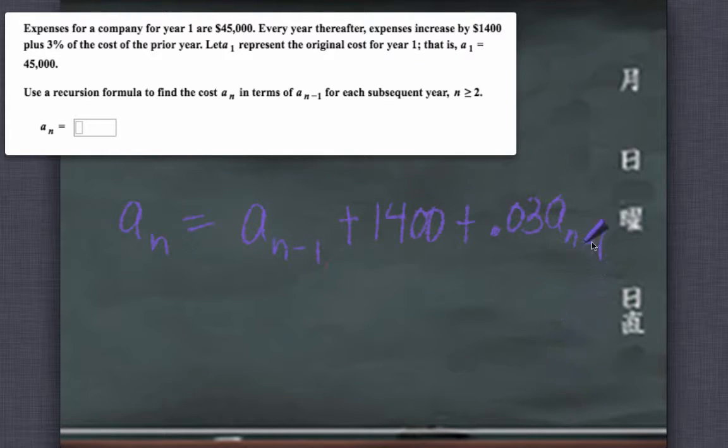The prior year, step back a year. So we could write that as 1.03 a sub n minus 1 plus 1,400. That's a little cleaner. That's just because I have one a sub n minus 1 and then another 0.03 a sub n minus 1, so that's collecting like terms there.